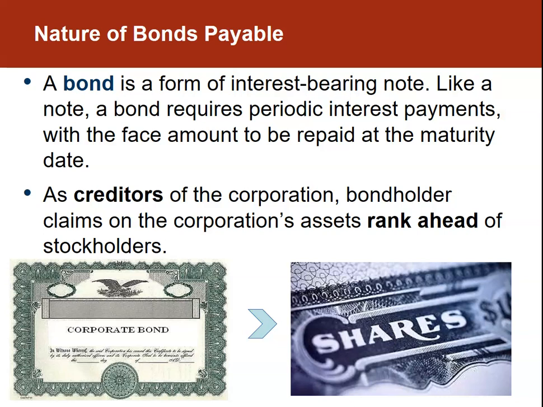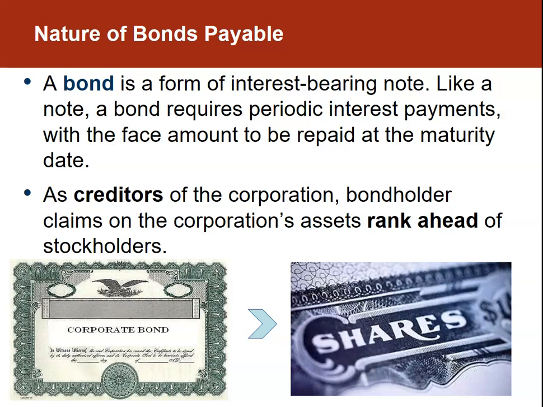And then we also looked at some long-term installment notes as well, and we got into carrying amounts. And so there's going to be some similarities between those long-term installment notes and bonds.